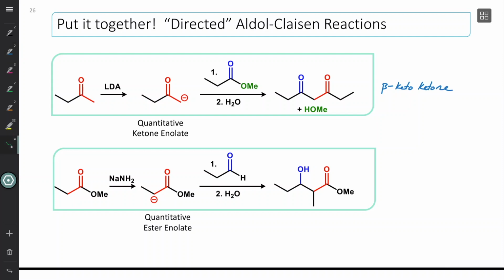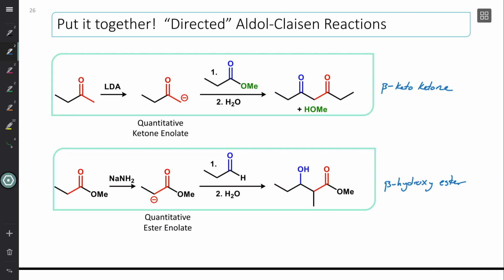And if you use your ester as your nucleophile, but then add an aldehyde or a ketone as your electrophile, then you can get a beta hydroxy ester.